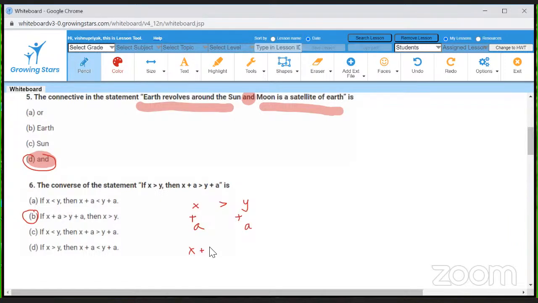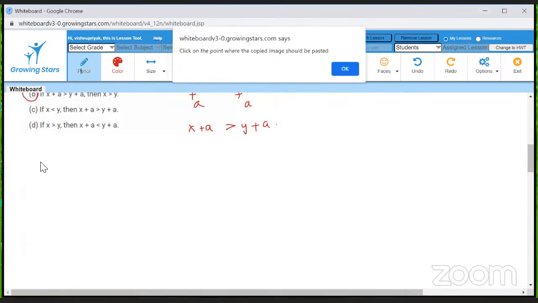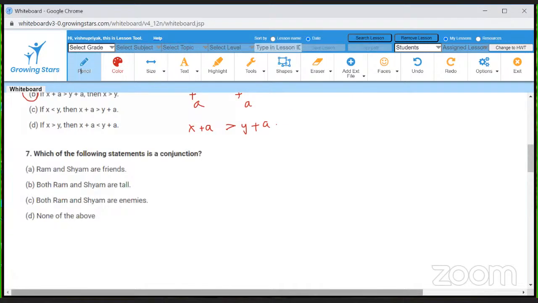Still, X plus A will be greater than Y plus A. But remember, A is a positive number and you are adding A. Next, 7th. This is 7th question.